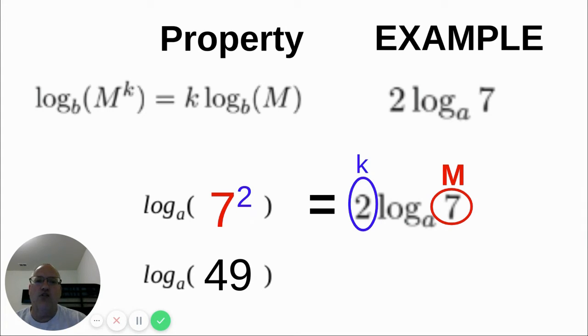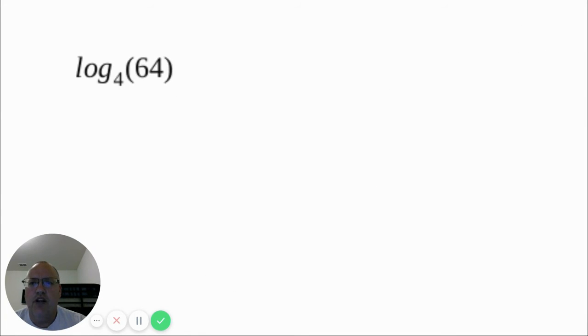I'd like to give you a couple more examples so you can get a feel for how this works. All right, so you have the log base 4 of 64. Think about it for a minute. The numbers 4 and 64 are related because you can multiply 4 by itself over and over again and eventually get 64.